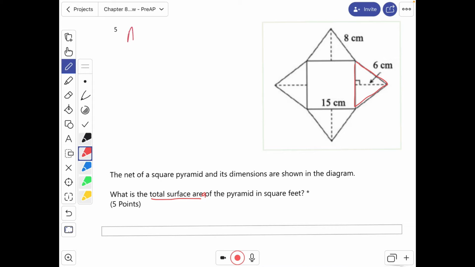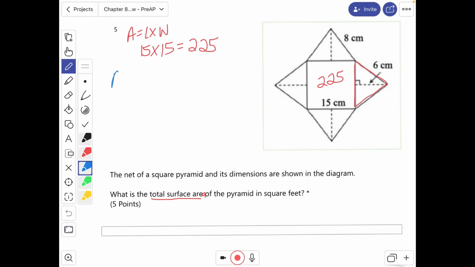The formula for this square is length times width. And it's a square, so both sides are the same. So 15 times 15, and if you multiply that out, you get 225.